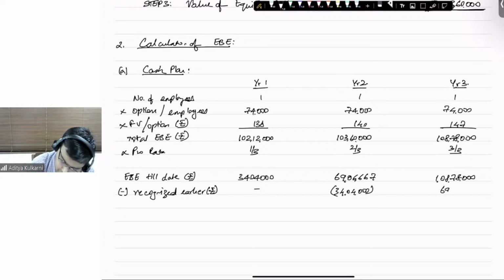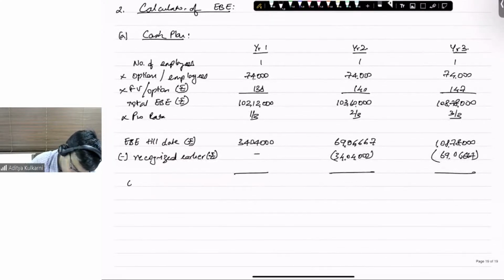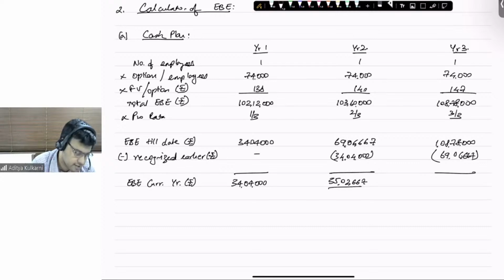34 lakh 4, 69 lakh 6,667. So EBE for the current year: 34,04,000, then 35,02,667, and the last one is 39,71,333.